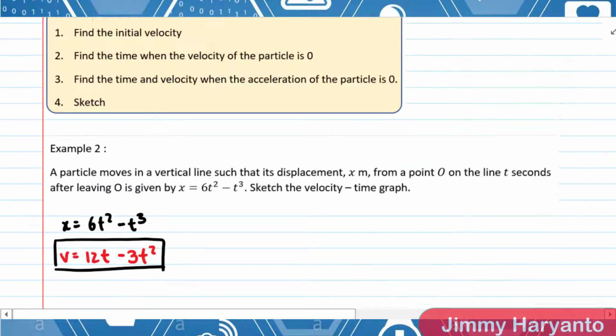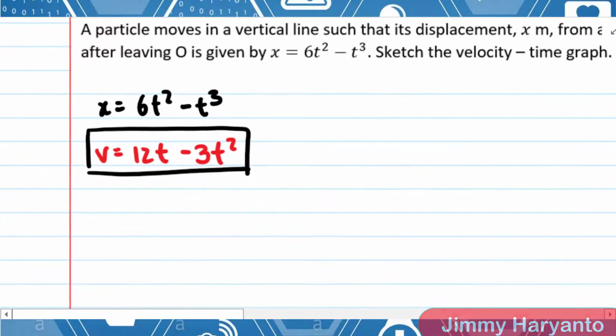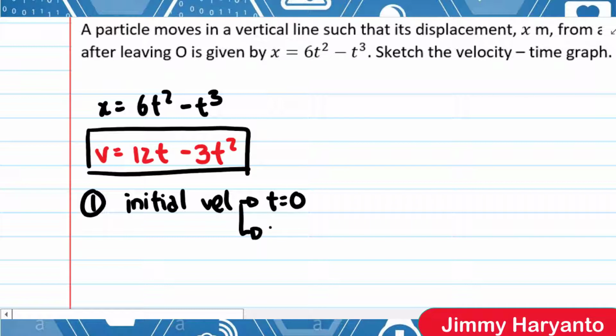We will start from finding the initial velocity. Initial velocity means time equals 0. When time equals 0, the velocity is 12 times 0 minus 3 times 0 square. So the velocity equals 0.